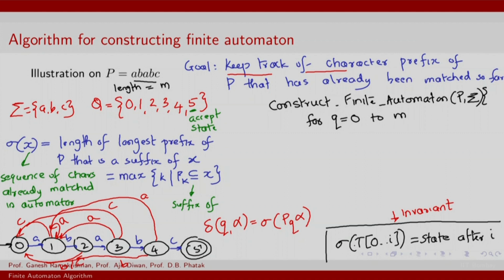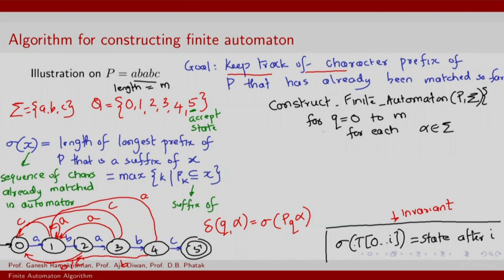What we did in our informal yet illustrative process here was we iterated over each character alpha in sigma. The next thing we did was keeping track of suffixes of X and trying to find the longest prefix of P. So this will mean that I will keep scanning backwards from wherever I am, and what it means to be wherever I am is basically PQ with the next character.